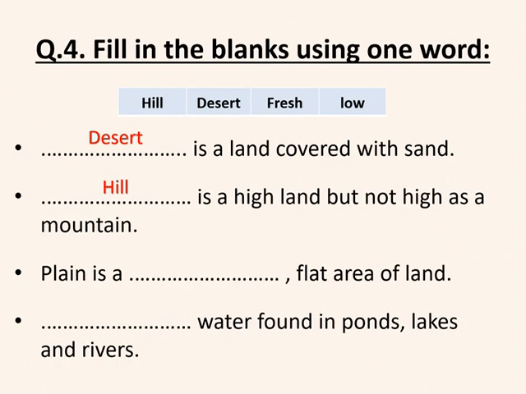Plain is a fresh or low flat area of land? Excellent, it is a low flat area of land. The last one, water found in ponds, lakes and rivers. What is the kind of water in ponds, lakes and rivers? Yes, it is fresh water.